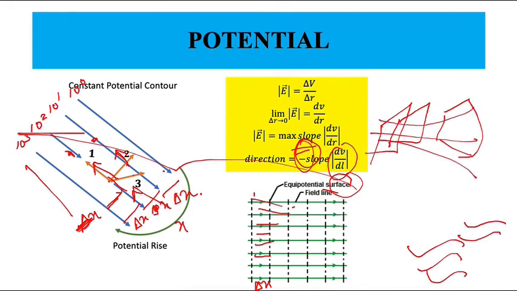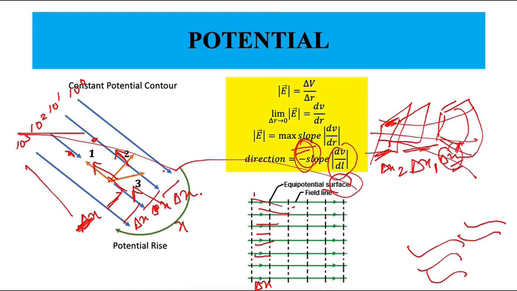My electric field is not uniform. This is delta x, the distance between two planes. The distance between these is also delta x1, this is delta x2. In a non-uniform electric field, the spacing between equipotential planes differs. If I assume there is another plane over here, the spacing delta x will be smaller than the spacing between these two. So this will be smaller.